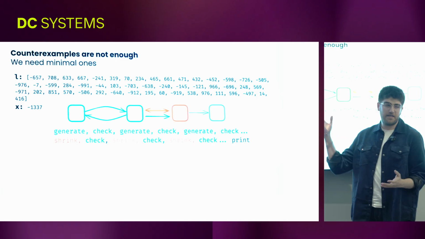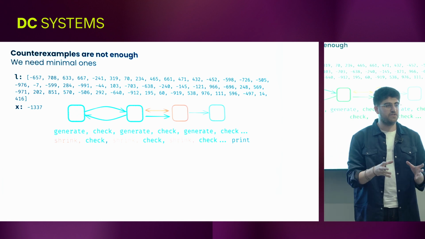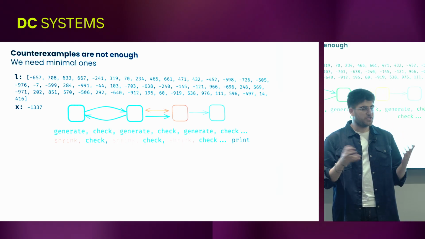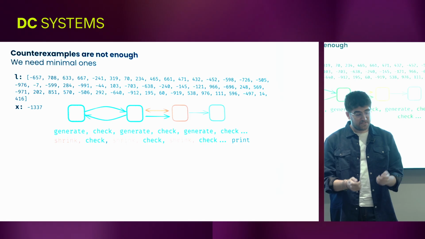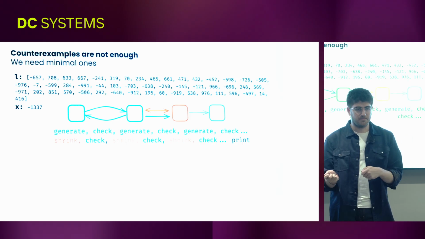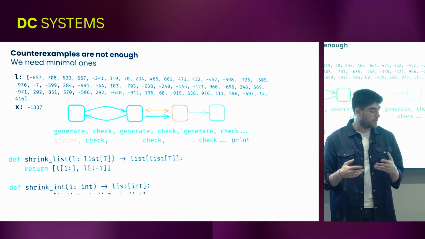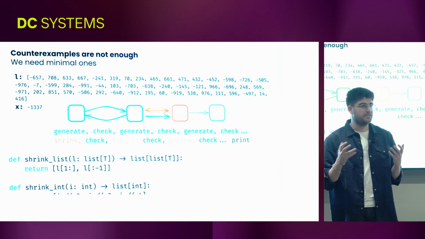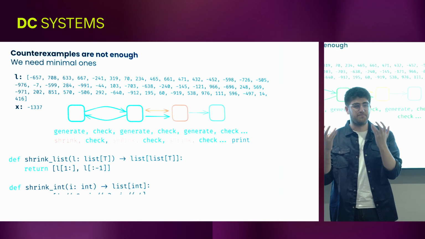And for that, we change the running loop that I had shown you in the beginning a bit. We add an extra step of shrinking to it. So what we do is we generate, check, and then we hit a bug. And at that point, we switch to a shrink-check loop. And in this loop, what we do is we call these functions called a shrinker. And a shrinker is a function from a type to a list of items in the same type.